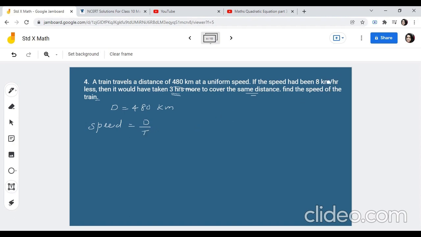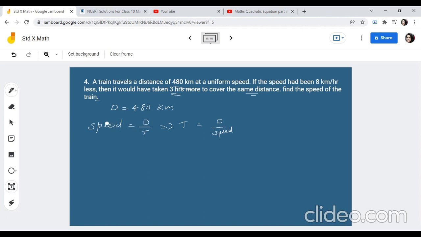So from here it is clear that speed is equal to distance divided by time, isn't it? Alright. So from this you can write time is equal to distance divided by speed. Speed is equal to distance by time, or time is equal to distance divided by speed.